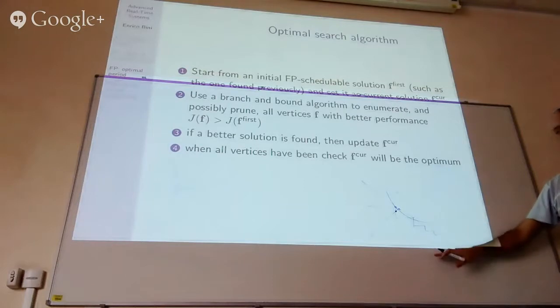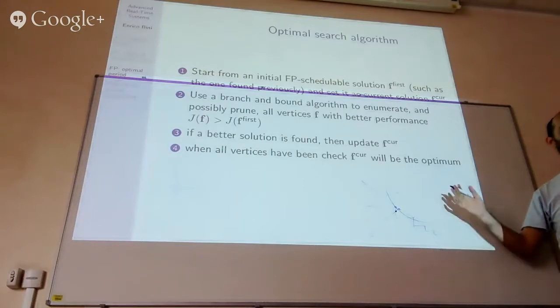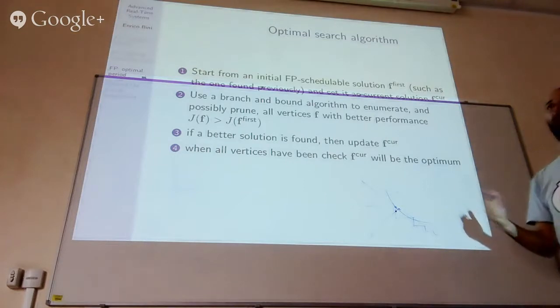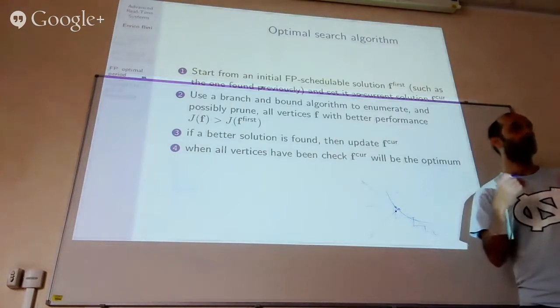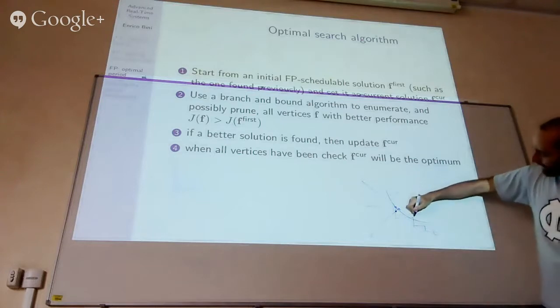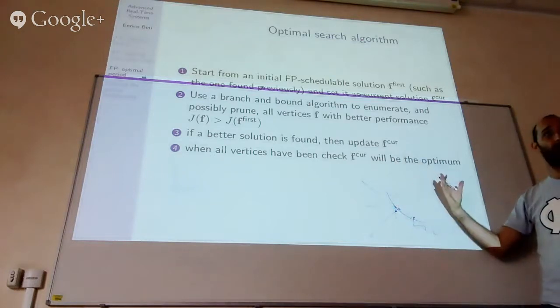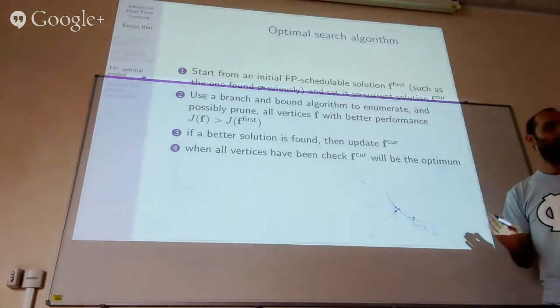Because points below are necessarily of lower performance. So the only room for improvement are the points, in this case just this one, where you have a higher performance but still schedulable.